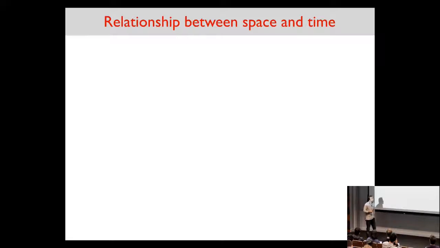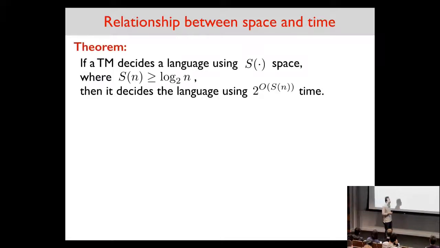Okay. So we're going to look at the relationship between space and time, and the crucial theorem here is going to be the following. If we have a Turing machine that decides a language using S(n) space, and we're going to assume here that S(n) is at least log n, then it is decided in time 2 to the big O of S(n). Okay.